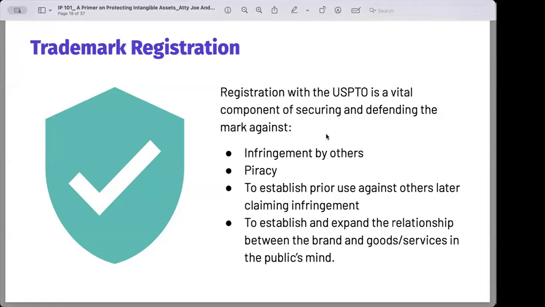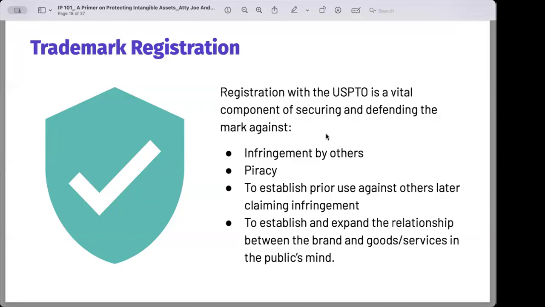You really do want to, once you start using a trademark to describe the origin of whatever goods or services you are creating, not only are you going to want to do things like a DBA or whatever it is with your local state Secretary of State, you're going to want to file with the United States Patent and Trademark Office. First off, for a couple of reasons. You're going to first want to do a search and then second, file.